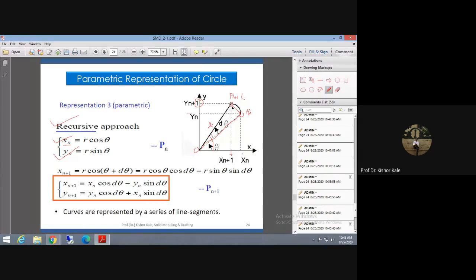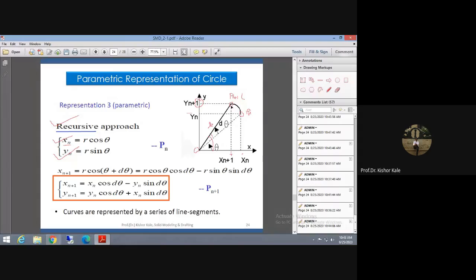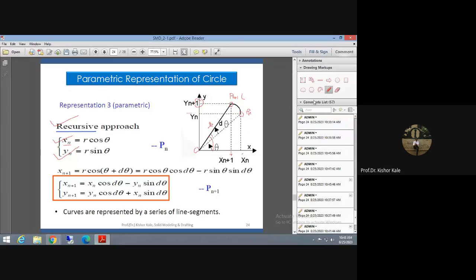Now we are interested in this line. Consider this triangle, this triangle only, correct? Now r cos of d theta would be this line.